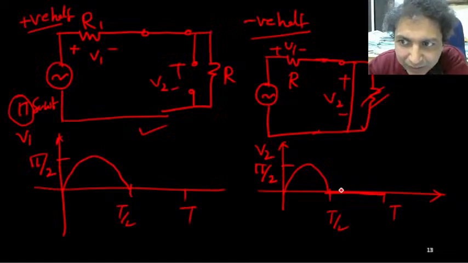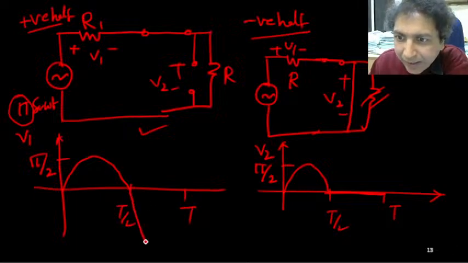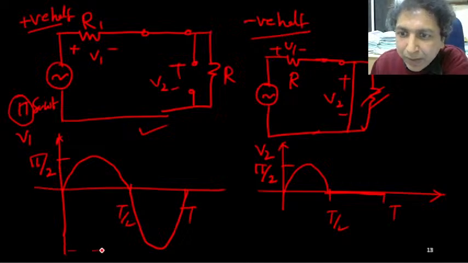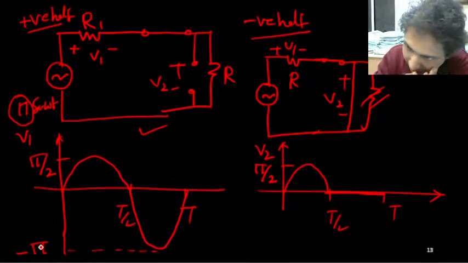What was the input voltage? The same input voltage will develop across this. Is it correct? So the input voltage is pi and negative half. So again I will get the same negative half, but this time the peak value is minus pi. Are you convinced?